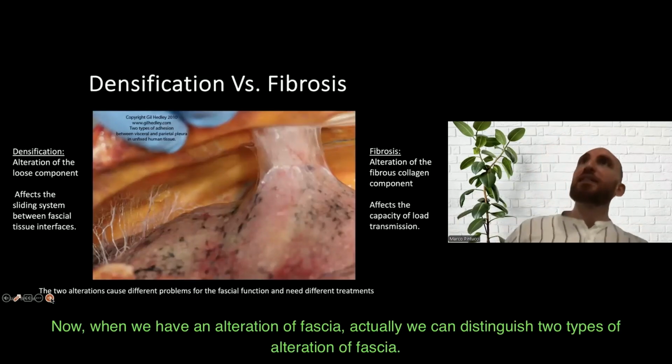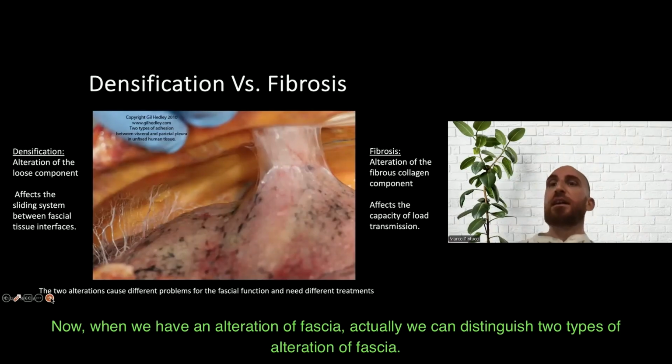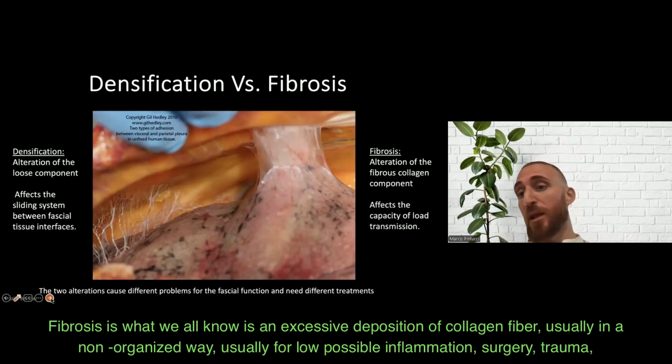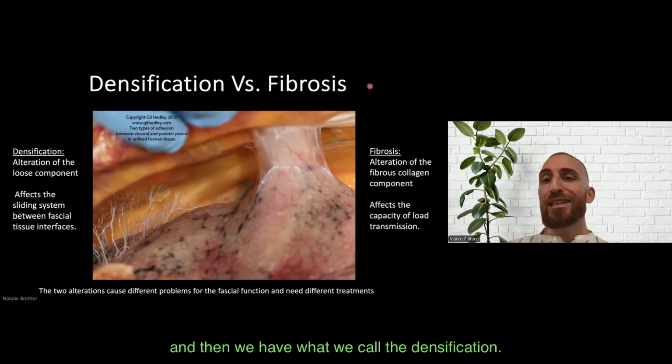Now, when we have an alteration of fascia, we can actually distinguish two types of alteration: the densification and the fibrosis. Fibrosis is what we all know, an excessive deposition of collagen fiber, usually in a non-organized way, usually following severe inflammation, surgery, or trauma. Then we have what we call the densification.